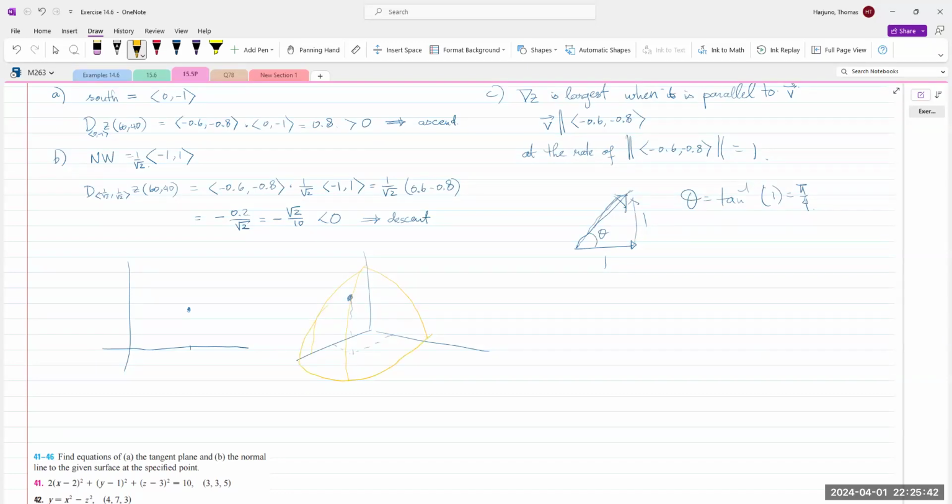Okay, now at this point, in which direction should you go such that you increase the fastest? And according to our analysis there, we found out that the fastest is actually to go in this direction. Okay. Negative 0.6, negative 0.8, kind of like that, in that direction.